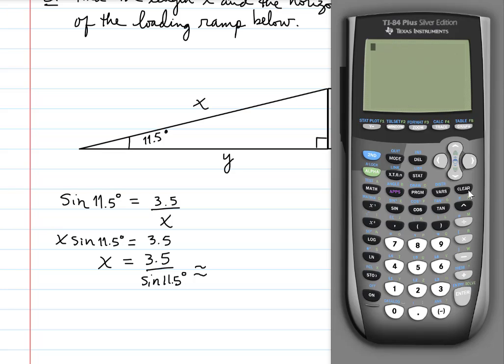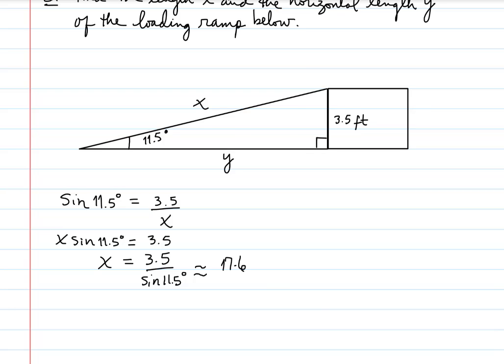Once you do that, you clear it out and put the whole thing in there: 3.5 divided by sine of 11.5, which already knows is degrees because we changed the mode, close parenthesis, and then enter. That should be the answer. So this is our answer here, 17.6. We're in feet, so this is going to be feet.